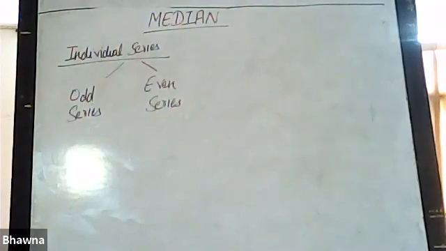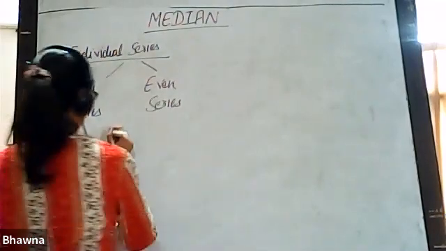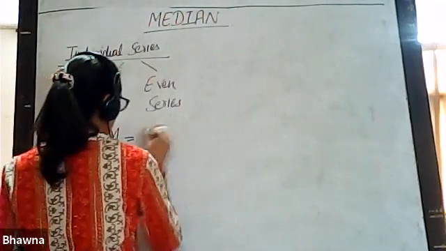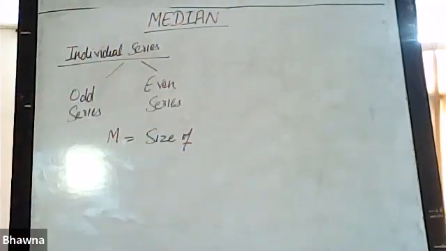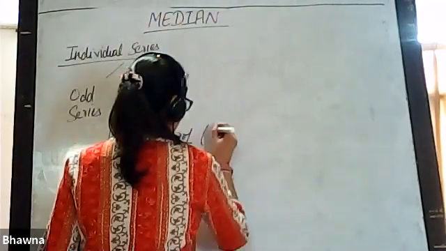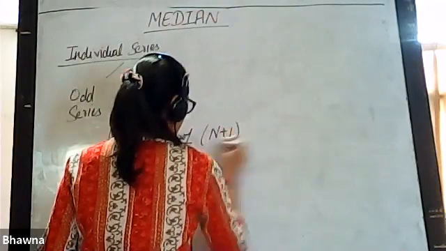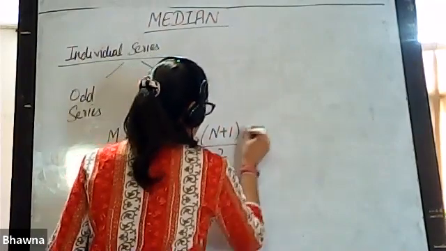And the formula of individual series is here. The formula used for calculating median in individual series with the direct method is M is equal to size of (n plus 1) divided by 2 th item.